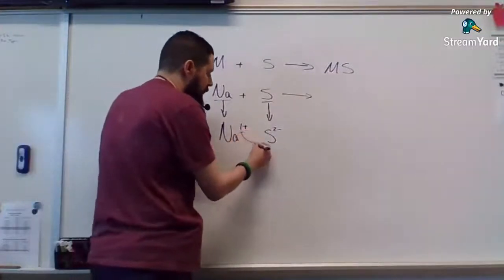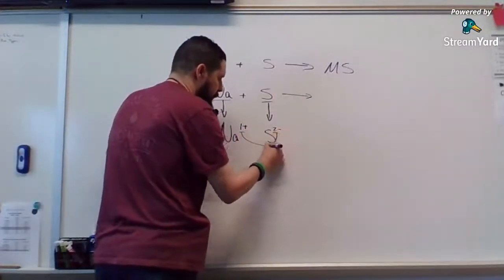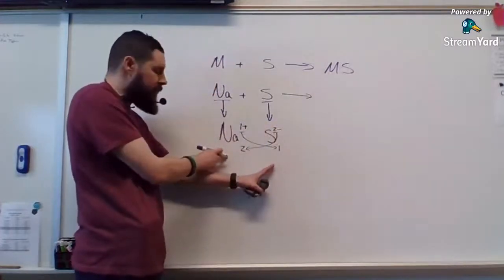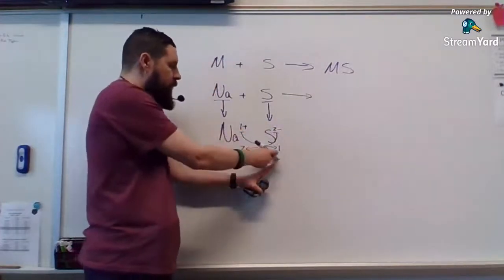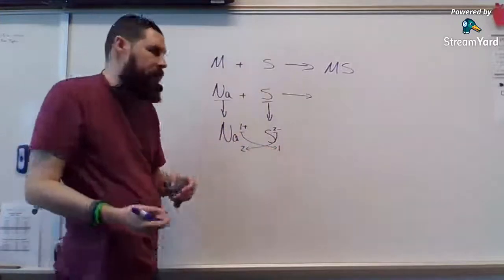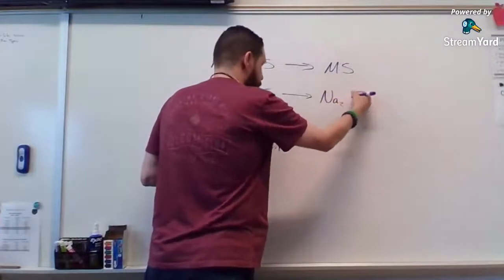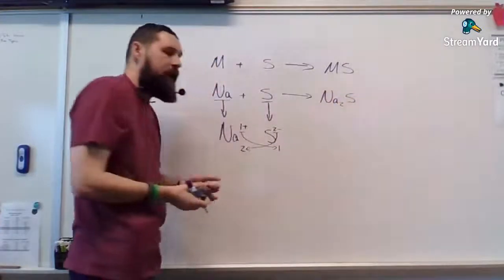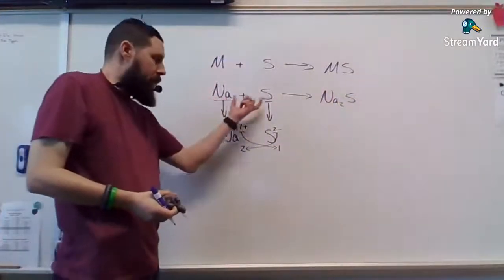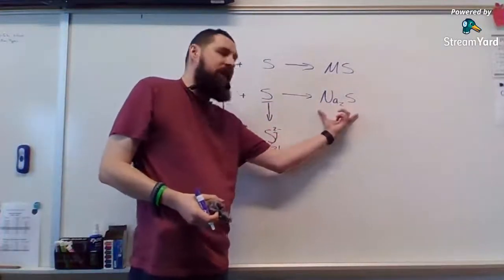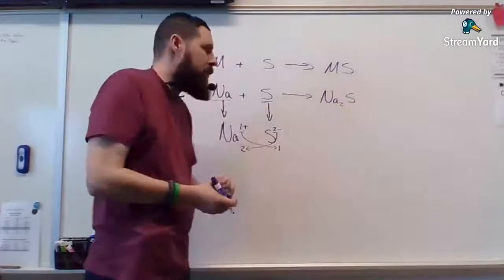And as we've done in all the previous examples, take those numerical charges and cross them down to become subscripts. I get Na2S1. I cannot reduce those subscripts, so that is my formula, Na2S, unwritten 1. So sodium, my metal, reacts with sulfur to produce a metal sulfide, in this case, Na2S.